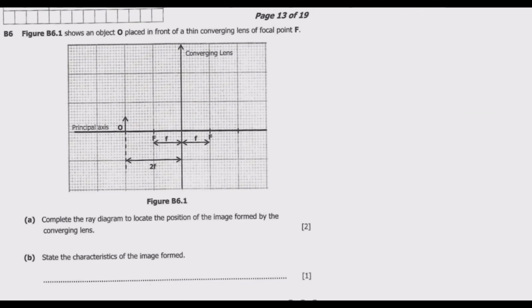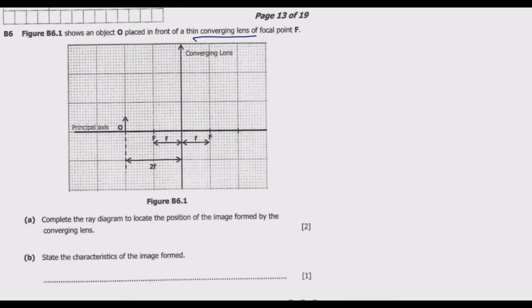Let us look at question B6. Figure B6.1 shows an object O placed in front of a thin converging lens of focal point F. So we know that we are dealing with a converging lens. Question A: complete the ray diagram to locate the position of the image formed by the converging lens.